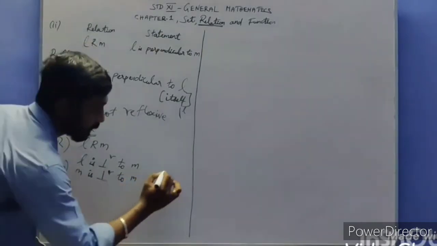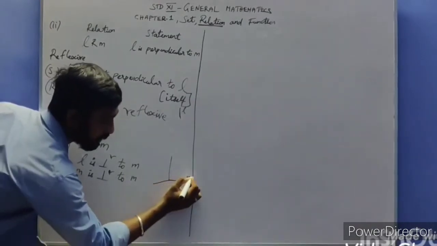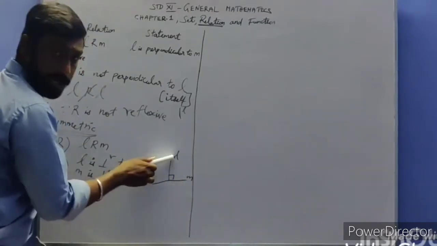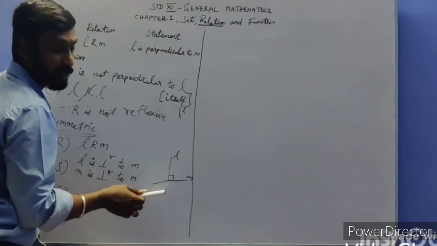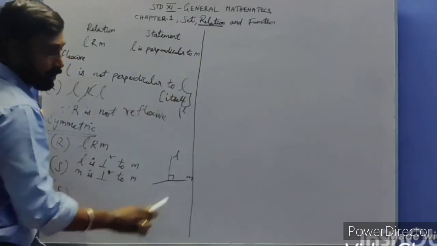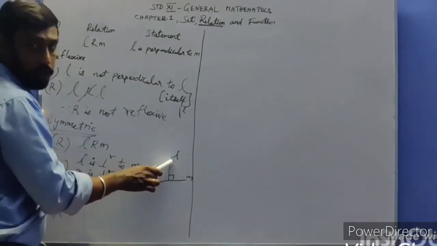Because, example, listen here. This one is M, this one is L. L is perpendicular to M because it is at 90 degrees. What does perpendicular mean? It is at 90 degrees, it is called perpendicular. M is perpendicular to L, it is also possible.